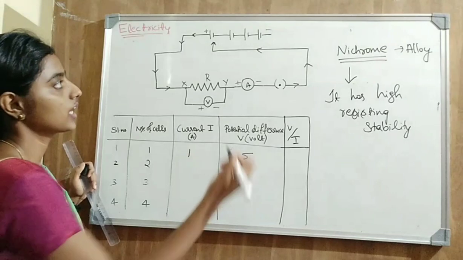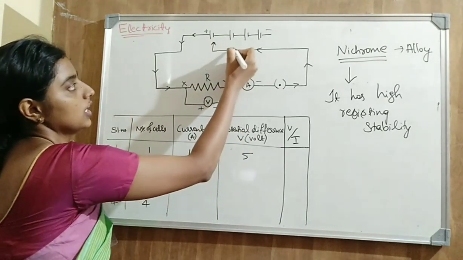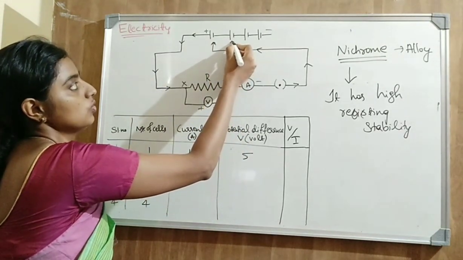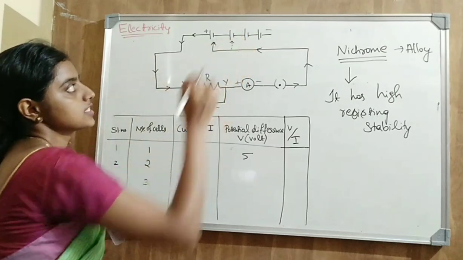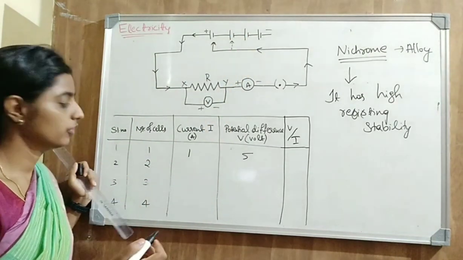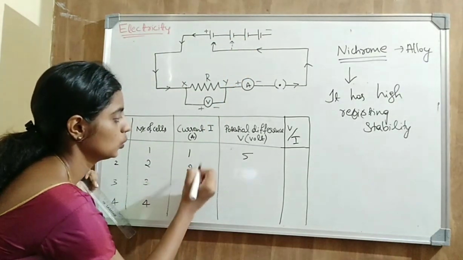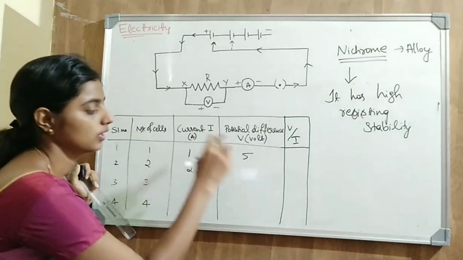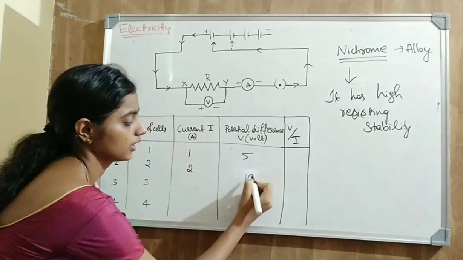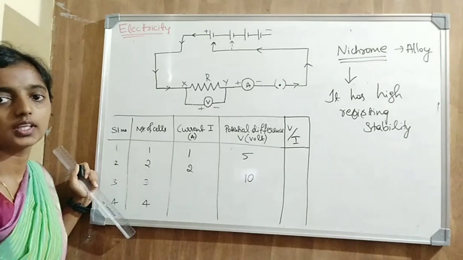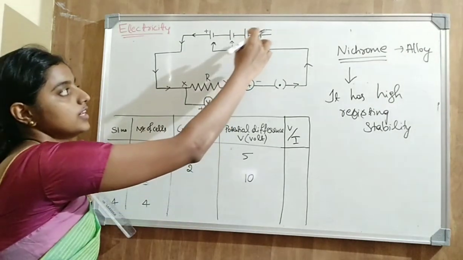In the second case, along with the first cell, we need to keep the second cell also. Then we got a reading maybe 2 ampere and here 10. The same way we need to repeat the trials for different cells.